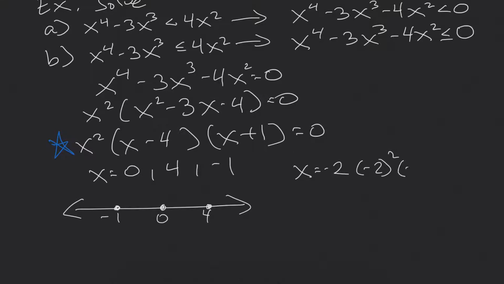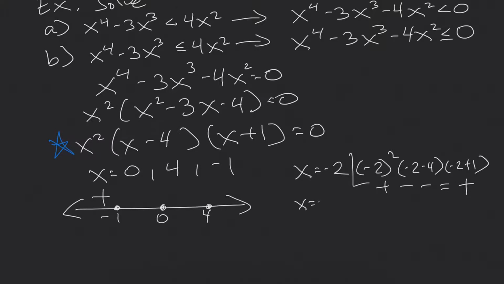So -2 squared, -2 minus 4, -2 plus 1. All right, well, let's see here. So we have a -2 squared is positive, -2 minus 4 is negative, -2 plus 1 is negative. A positive times a negative times a negative is a positive.